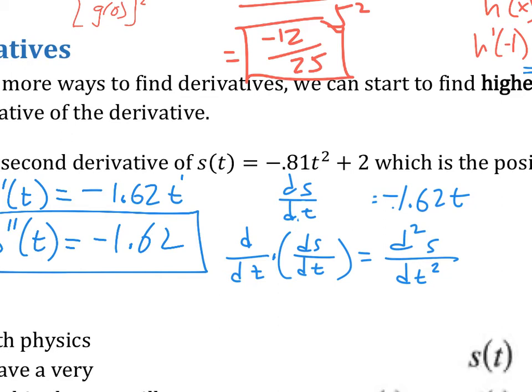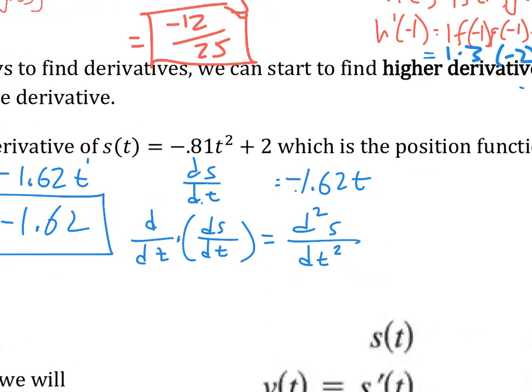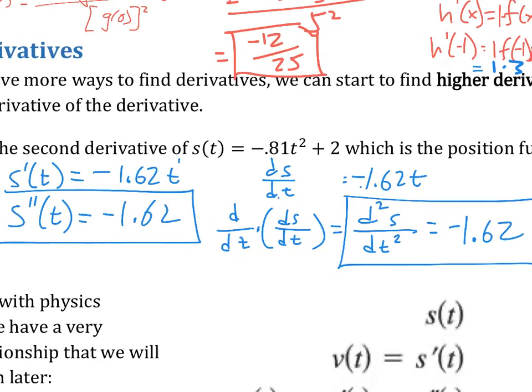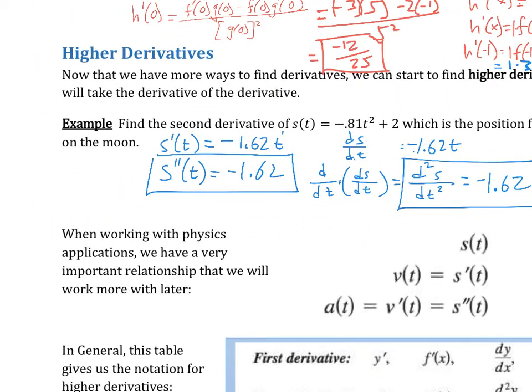Okay, this means the second derivative. So that just means the derivative of the derivative, and that is negative 1.62 in this case. So the second derivative written as d2 s dt squared there, okay? We just say the second derivative is also written like this, okay?